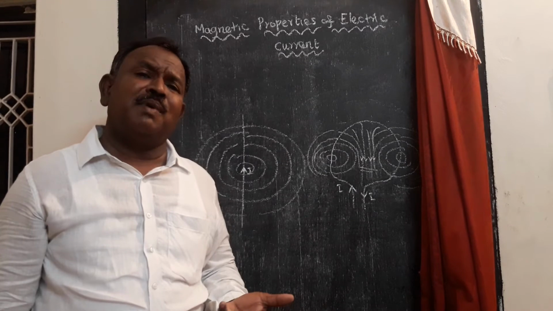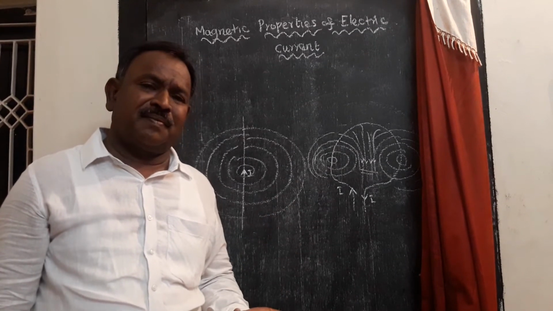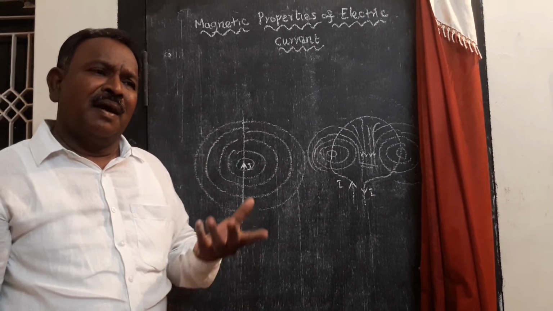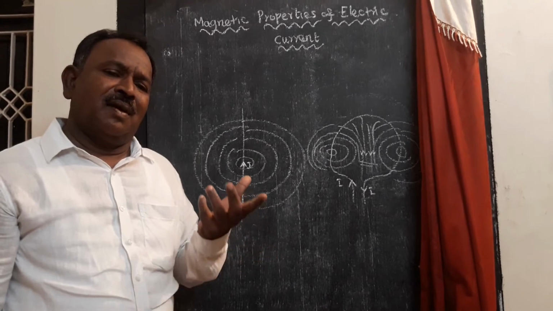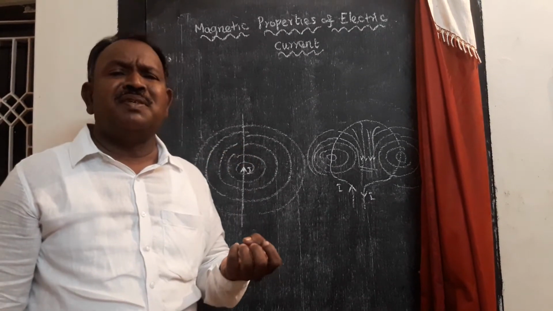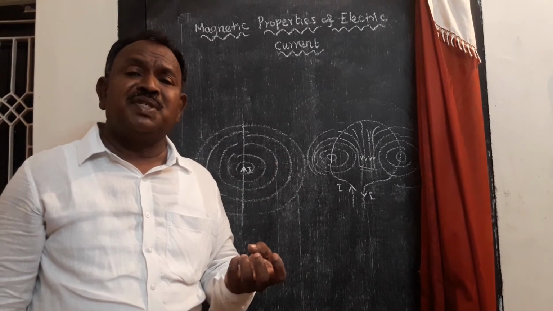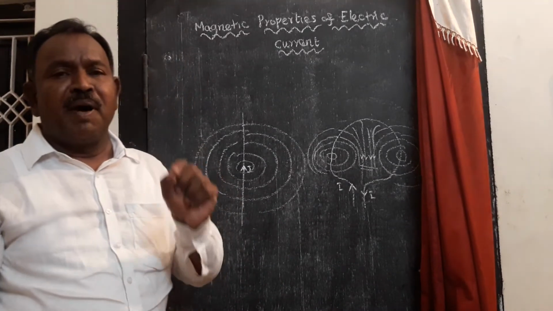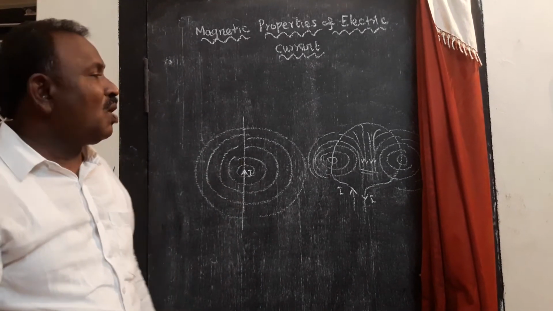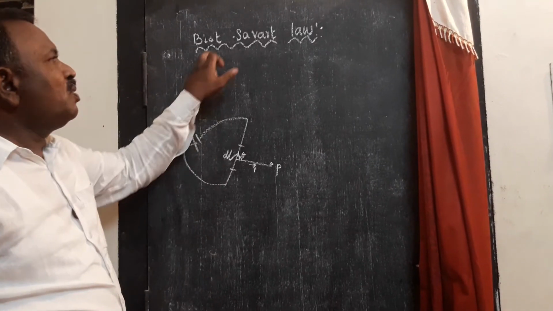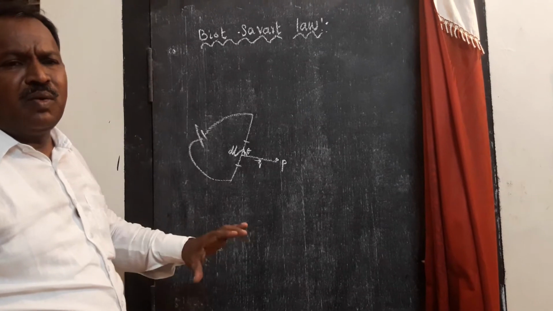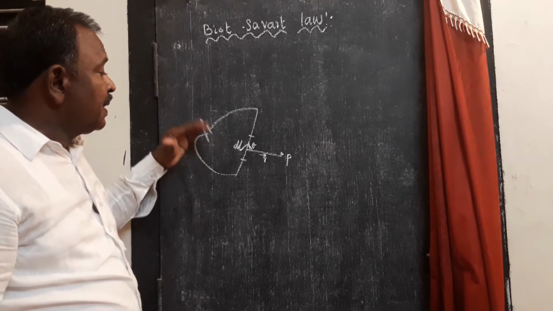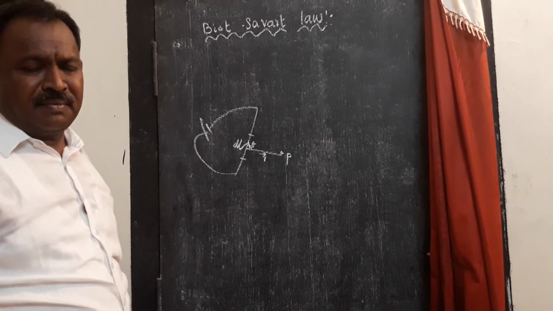They repeated this experiment by increasing the current and by changing the direction of the current, and depending upon their observations, the results were summarized in the form of a law called the Biot-Savart law. So what is the Biot-Savart law? Biot and Savart made an attempt to measure the magnetic field due to a current carrying conductor.